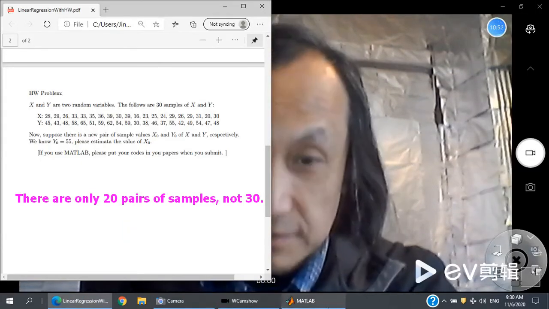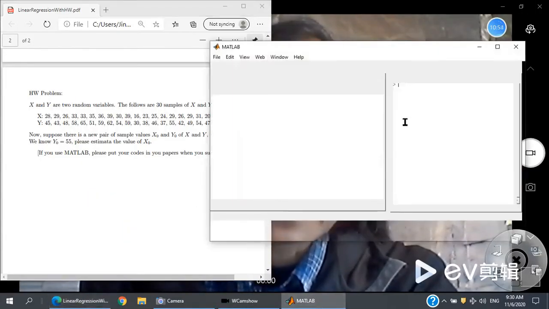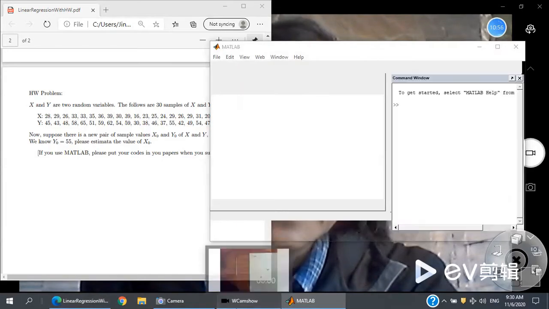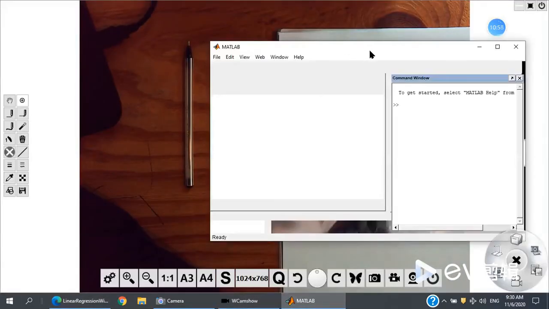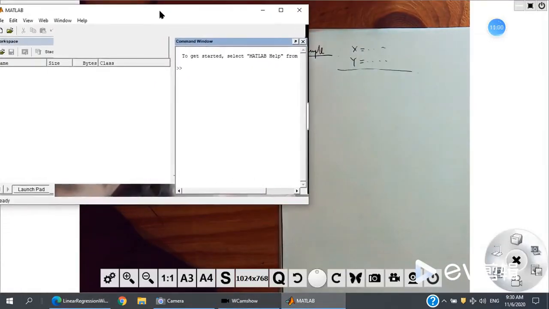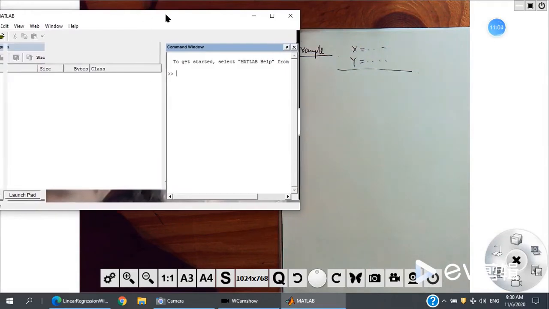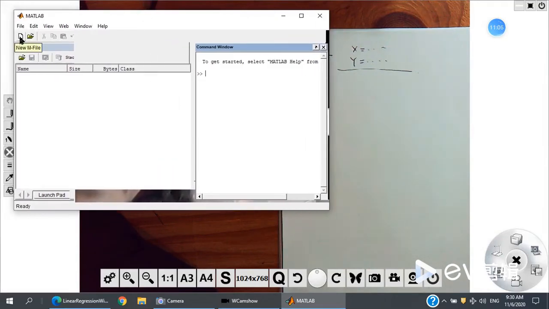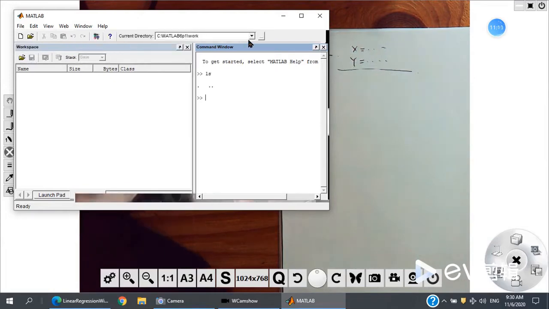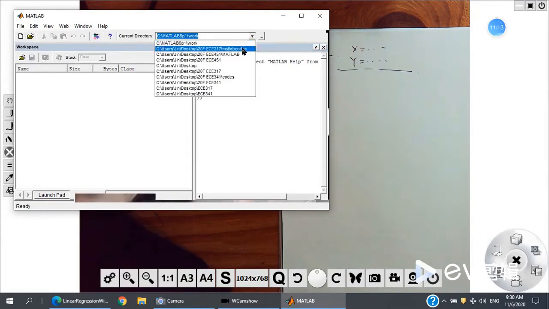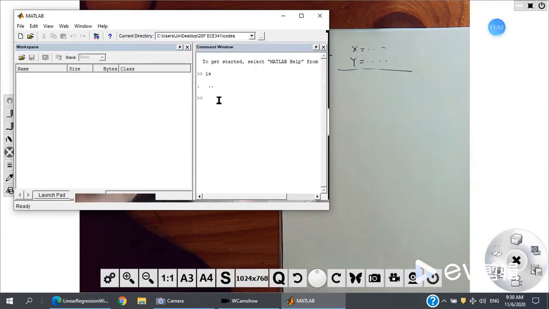So, MATLAB here. Let me write the function. Now where is it? We go to the 341 folder. Okay, it's here.